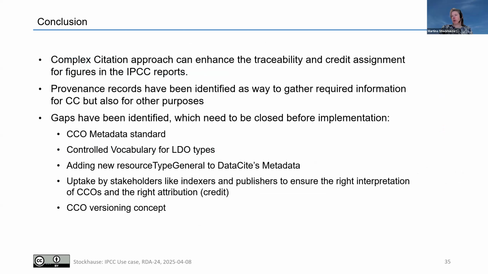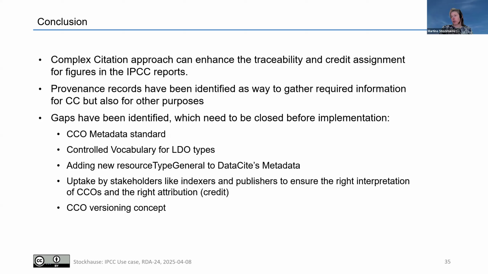So from our side, we think that complex citation is really enhancing the traceability and credit for the figures in the report. And we have identified the provenance record as the way to gather the information, not only for the complex citation, but also for other purposes. And we identified several gaps. So we need a standard for the metadata. We need some kind of a controlled vocabulary.